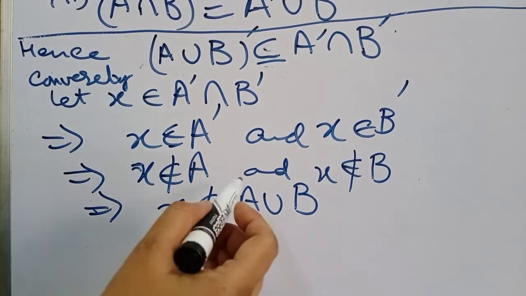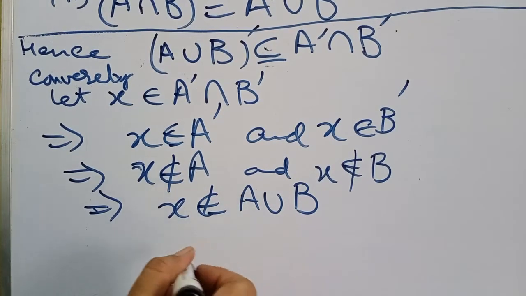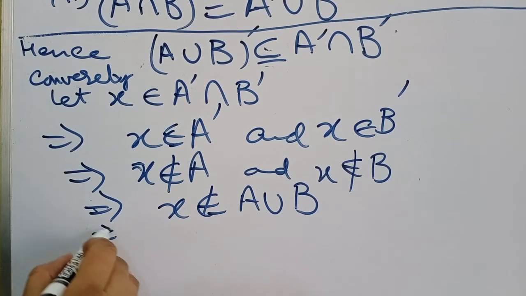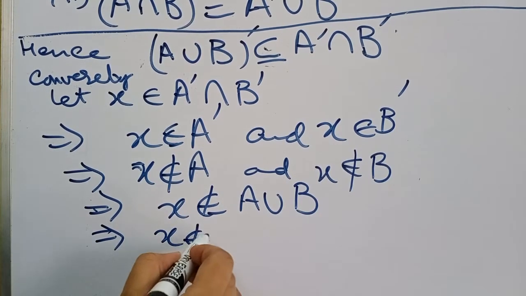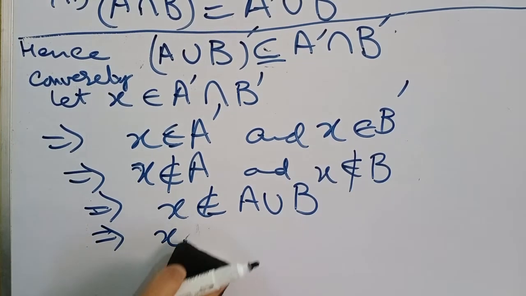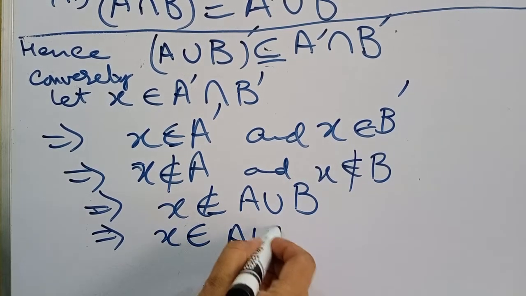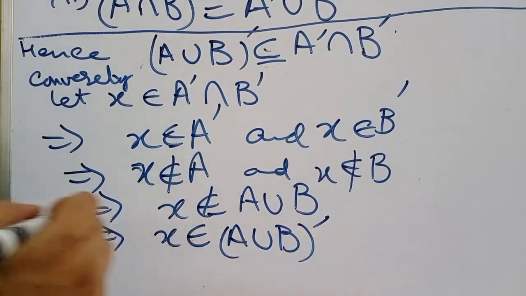If x is not a member of A union B, it shows that x is a member of the complement of A union B. So x belongs to (A union B) whole complement.